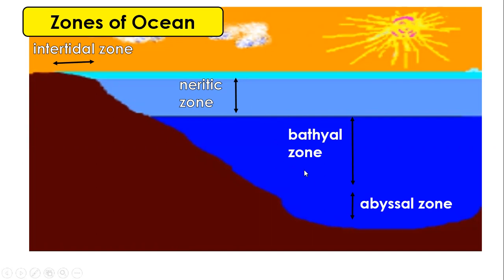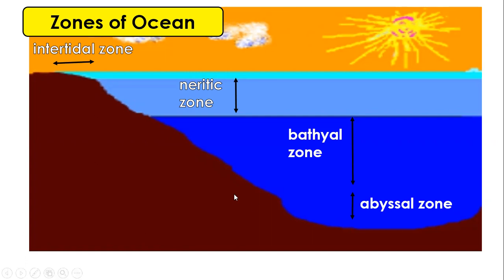Bathyal zone is not that very dark, but it is much darker than the neritic zone since the light does not penetrate or pass through in that zone at all. Then abyssal zone, mostly it does not receive any light, so it's very dark.